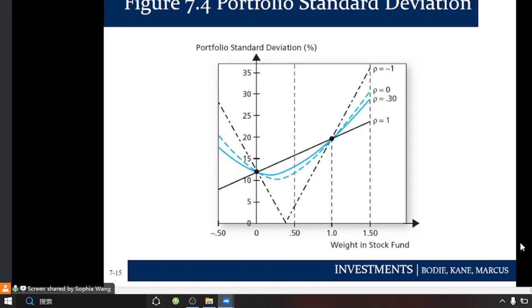We should know the relationship between the expected return and sigma. But in this case, we cannot get that directly. So let's find an indirect way.